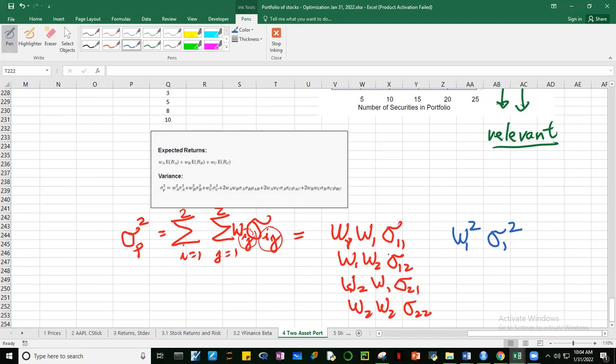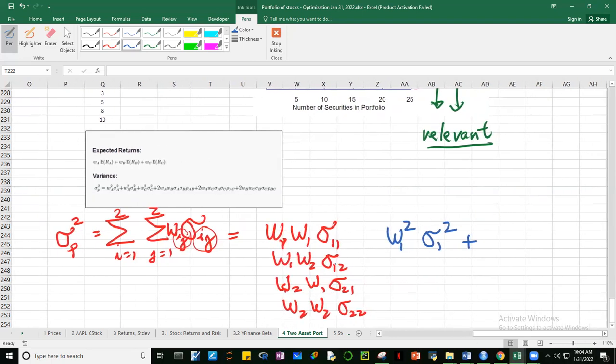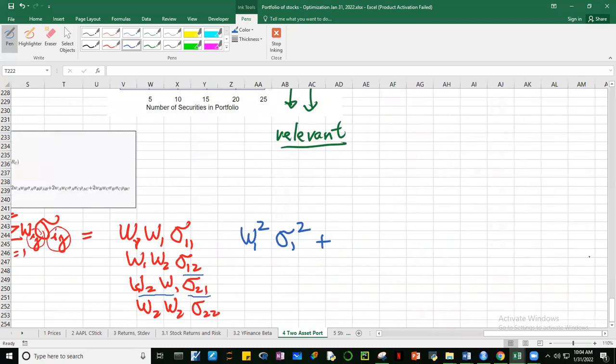Okay, so it's the variance. Next. So ito, yung susunod, guys, so plus tayo, no? Plus w1, w2, covariance 1, 2. Tapos ito, w2, w1, covariance 2, 1. Now, itong covariance 1, 2 is just the same as covariance 2, 1. Ano ba yung formula ng covariance? What is the formula of covariance? Sulat ko na nga dito para matandaan natin kasi baka nakalimutan nyo.